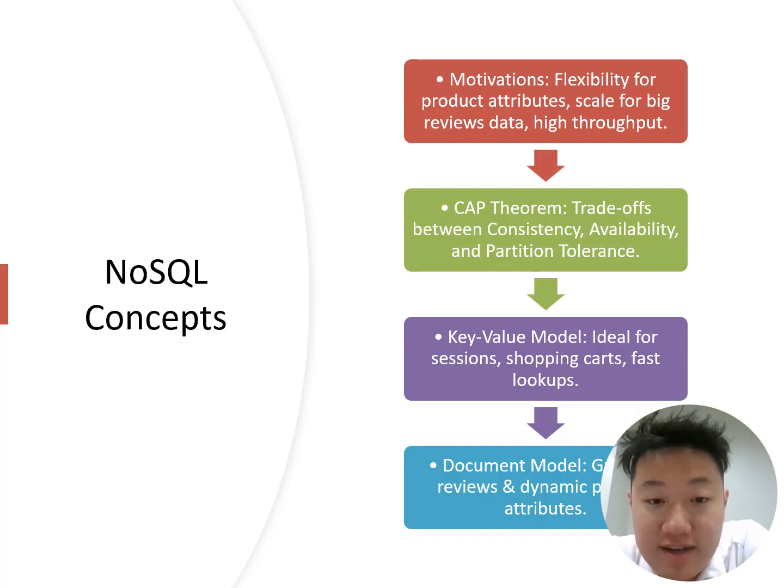Document fits reviews and dynamic product attributes. For Ethermart, I keep transactions in MariaDB and move reviews and flexible attributes to a document store so we can add fields without schema migrations.